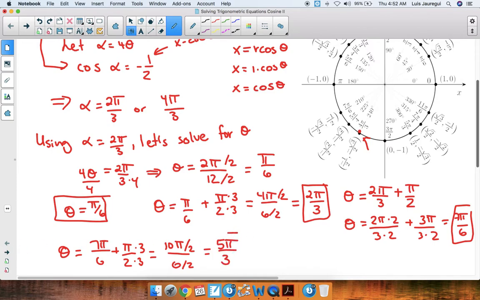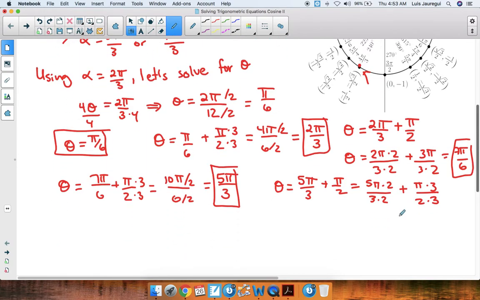So that's another value for theta. Let's see what would happen if we add another pi over 2. So let's take the next angle to be 5 pi over 3 plus pi over 2. Now again, let's write this one as 5 pi times 2 over 3 times 2, so we can get the same denominator, plus pi times 3 over 2 times 3.